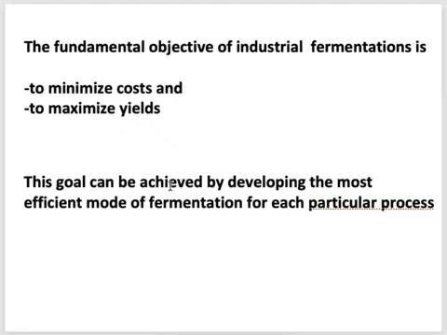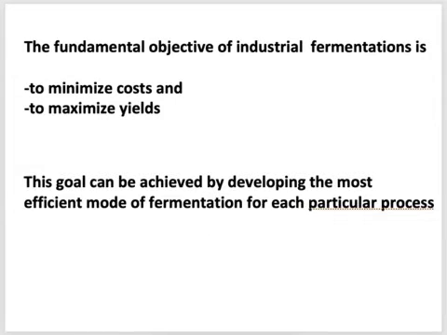So, in a fermentation industry, how can we achieve that? This goal can be achieved by developing the most efficient mode of fermentation for each particular process. So to choose the most efficient fermentation process, we need to understand the characteristics, merits and demerits of the continuous and batch fermentation process.